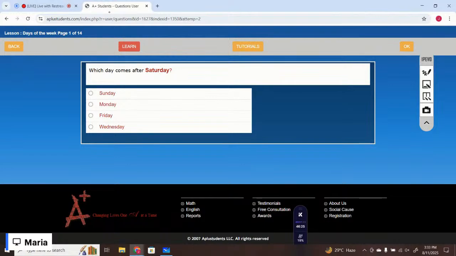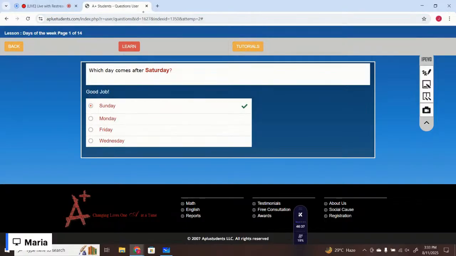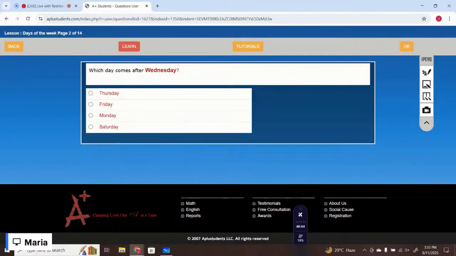Which day comes after Saturday? After Saturday, it is Sunday. Option 1 is the correct option. Which day comes after Wednesday?